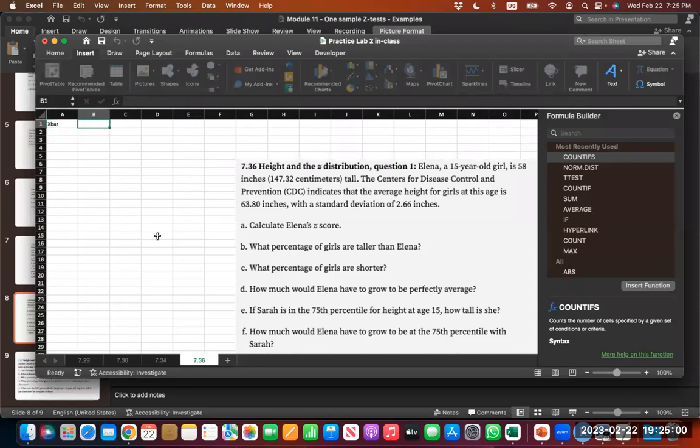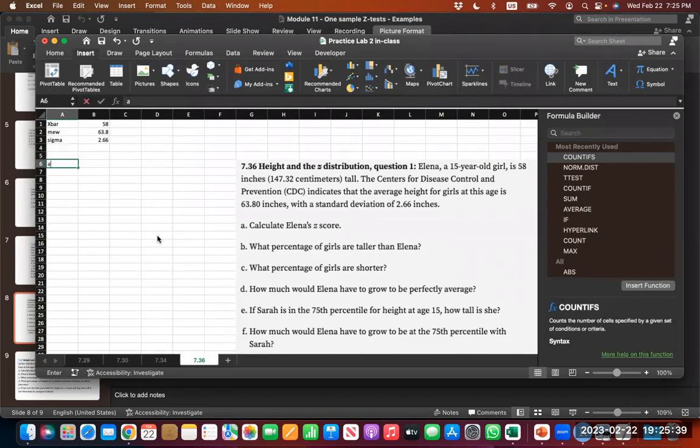So now our X bar becomes 58 inches. The mu is 63.8 inches. The sigma is 2.66 inches. So the z-score of Eleanor, because you're still doing kind of the same exercise, right? So what is Eleanor's z-score? Now you can't calculate the standard error of the mean.